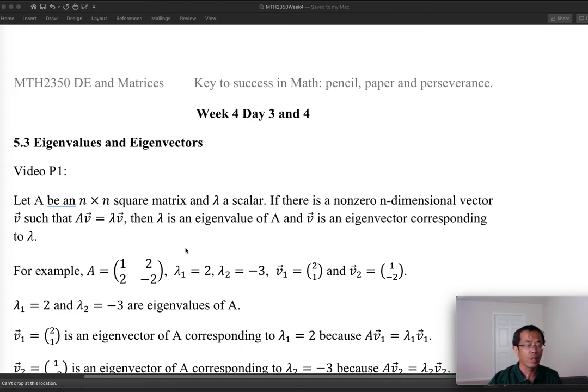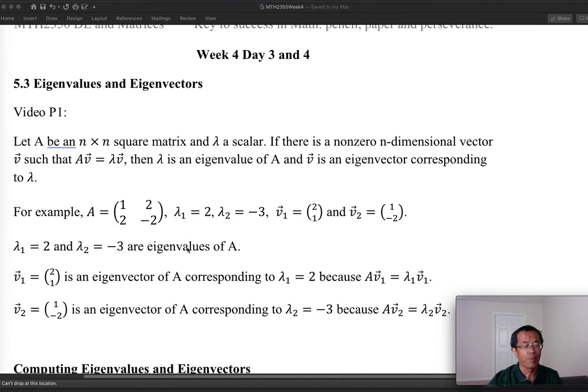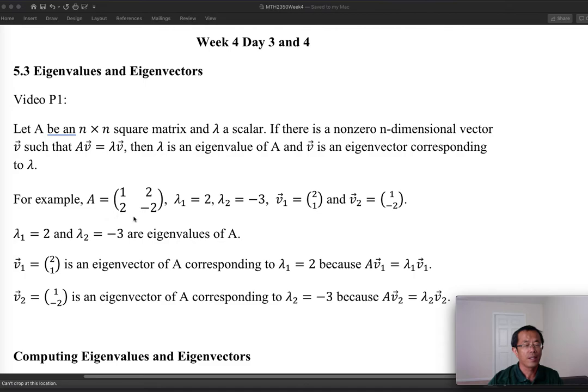And you may wonder if there are such things for matrices. So I do have a simple example here. This A is a 2 by 2 square matrix, and I'm giving 2 lambda values and 2 eigenvectors, because you may want to give it a quick check.